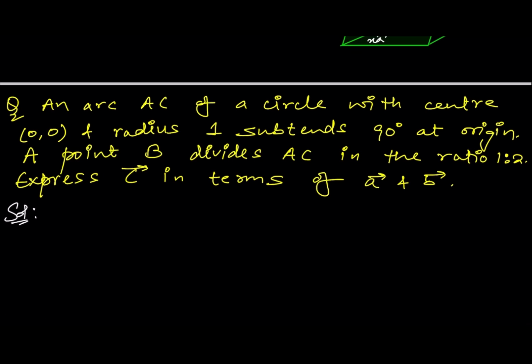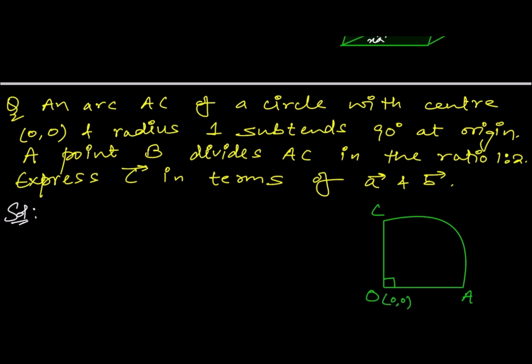So what I have written in the question, an arc AC of a circle, right? So let's say this is an arc AC, and this arc subtends a right angle or 90 degree at origin. Okay, origin is 0, 0.